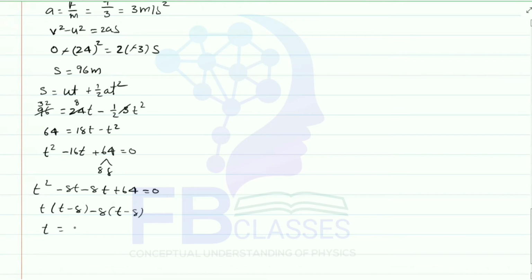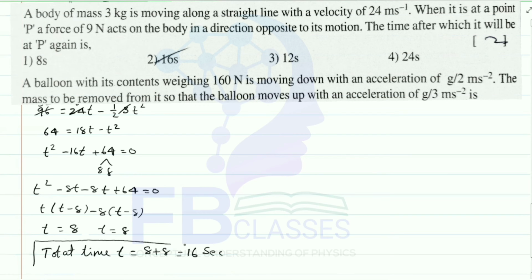So now t will have 2 values: t is equal to 8 and another root is t is equal to 8. So the total time comes as 8 plus 8, that is equal to 16 second. So that is our final answer. Now the correct option is the second option, that is 16 second. My dears, hope you understand that.